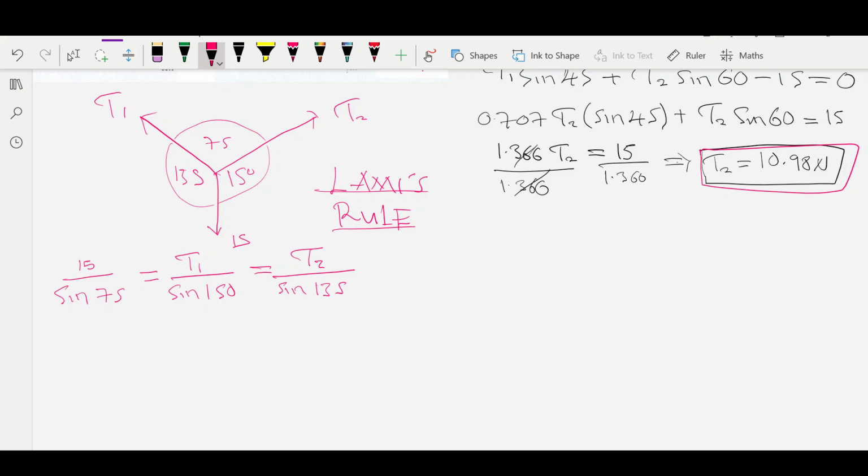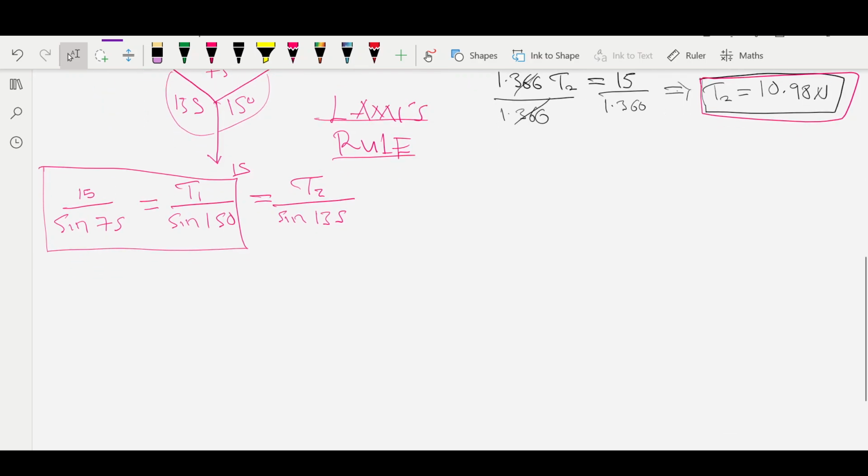So according to this rule, we are able to find the unknowns, provided we have 3 knowns. So we can use these two. From here we can make T1 the subject.